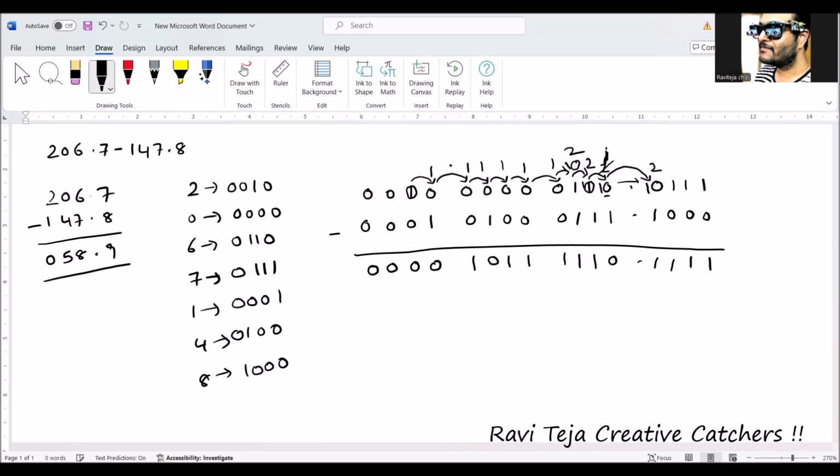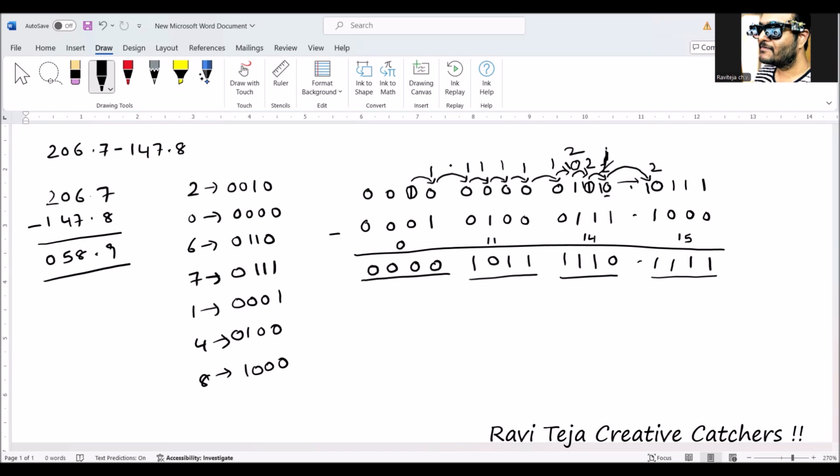Now if you see this data, 0000 has value 0. 1011 is value 11. 1110 is value 14. And all ones is value 15. But the answer we need is 058.9.